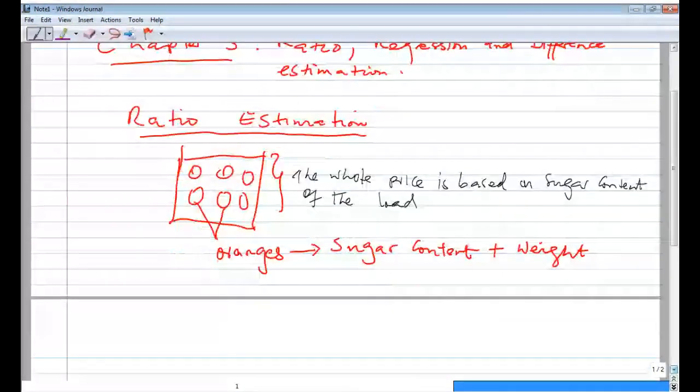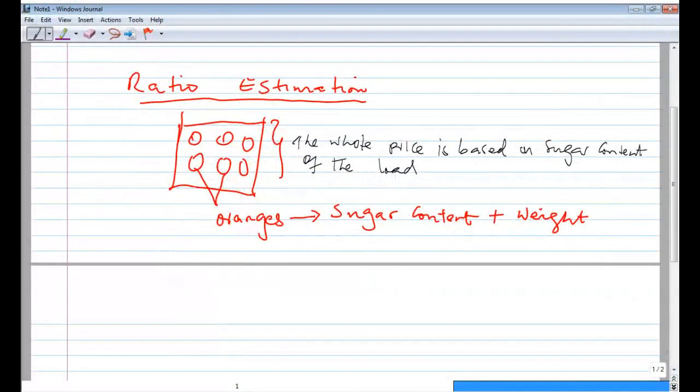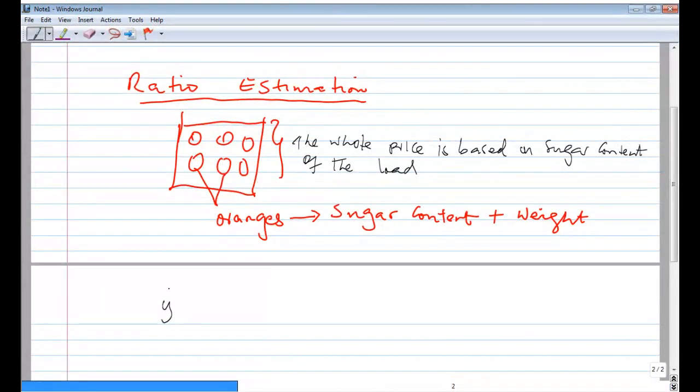Now, let's suppose that you have got a y variable, and that y variable represents the sugar content.